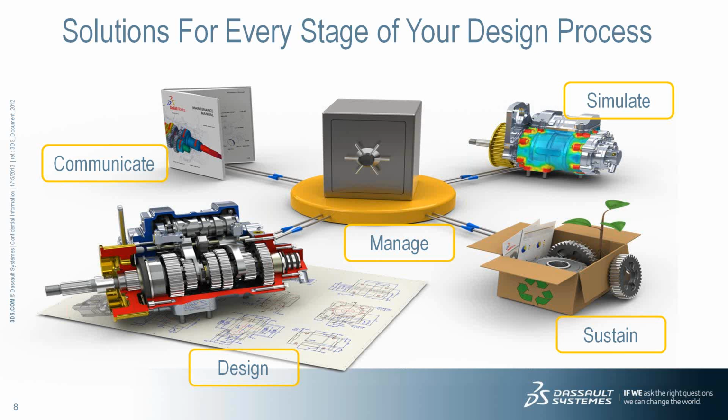You have the simulation area, which is instead of having to do physical prototypes, you can actually use SolidWorks simulation software to see if the part's going to be able to take the conditions that you put it under when it's in real life. So we call that virtual prototyping. Instead of building a physical prototype, you can test the virtual, the CAD model prototype. And with that, you can see if it's going to break.